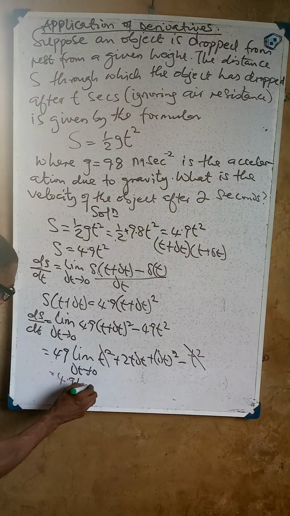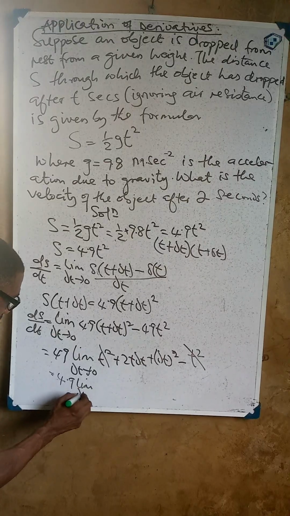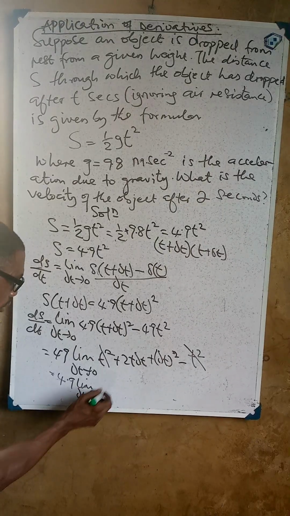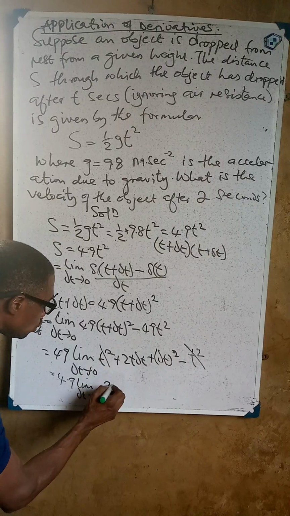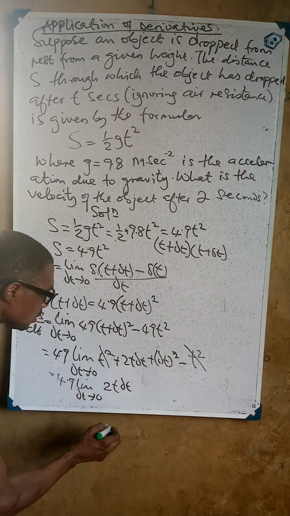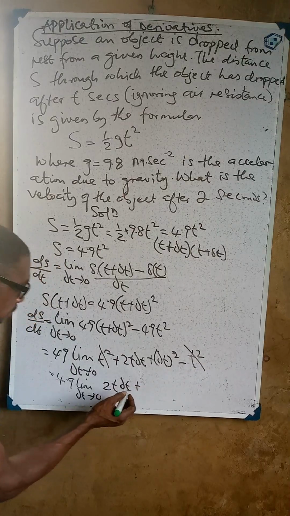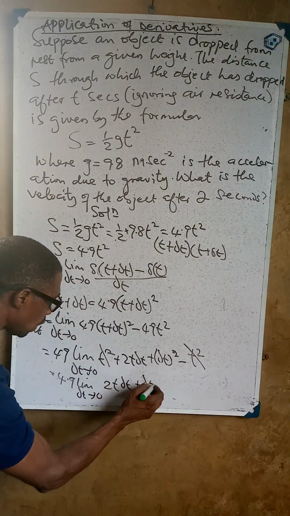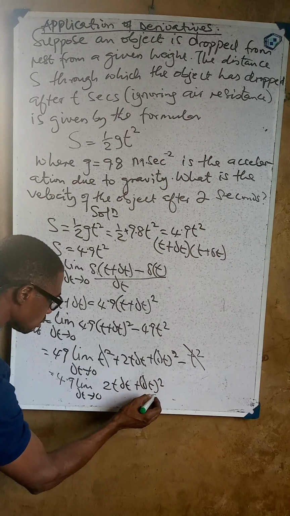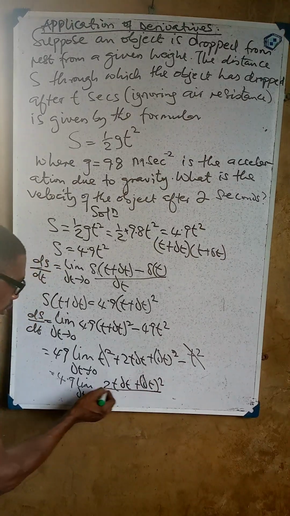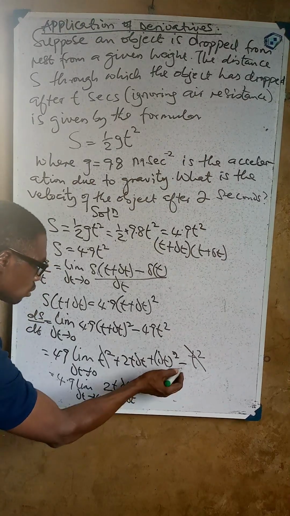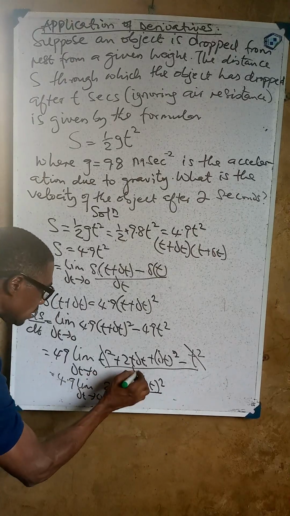We have this as 4.9 limit as Δt tends to 0. We have what we have here, 2t Δt plus Δt squared, over Δt. Sorry, this is over Δt here.